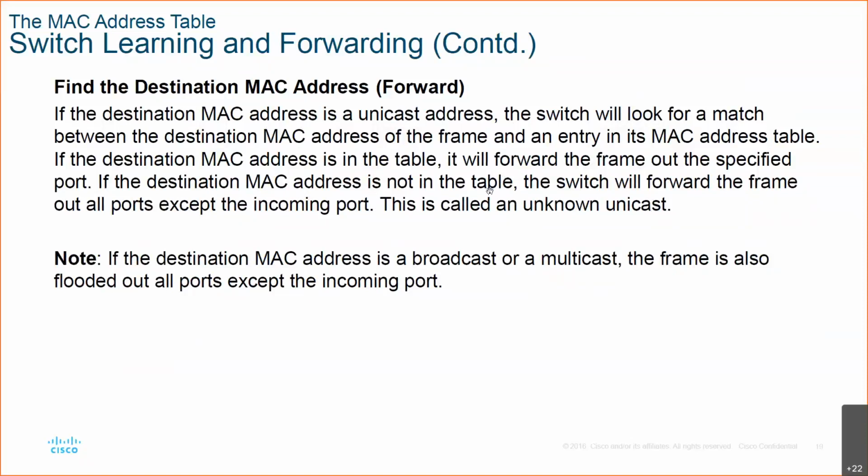If it is not in the table, the switch will forward the frame to all ports except the incoming port, so it will forward it until it has found it. If it is a frame that is not within the network, then it will forward it to the router. It forwards to all ports except the incoming port, so that there is no collision.